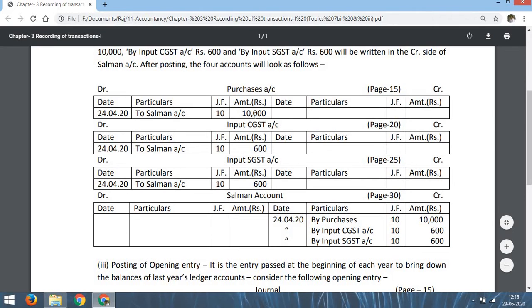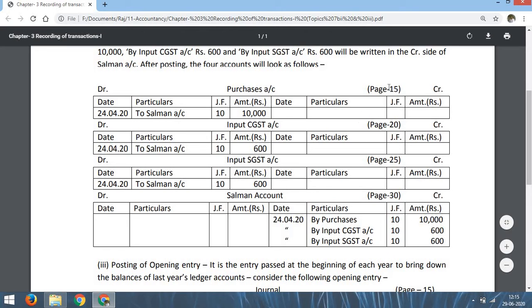Here to Salman account 10,000, here to Salman account 600, here to Salman account 600. But in Salman account we have to write in the credit side, on 24th April 2020, by purchase account 10,000, by input CGST account 600 and by input SGST account 600.